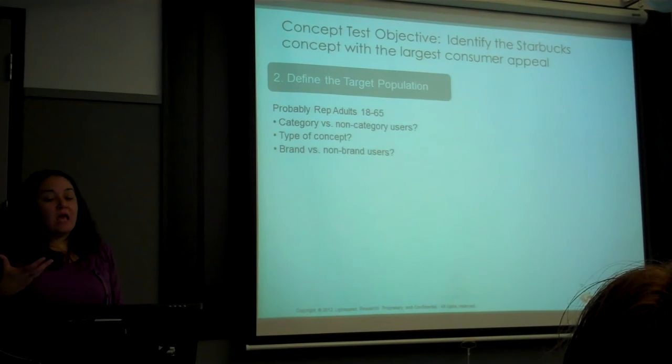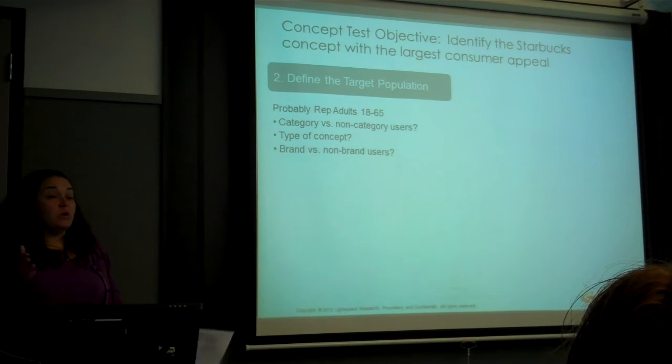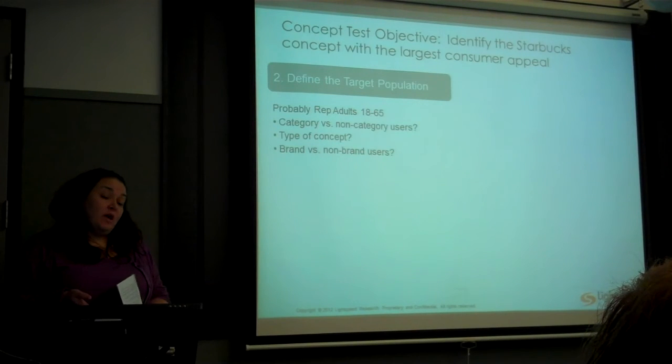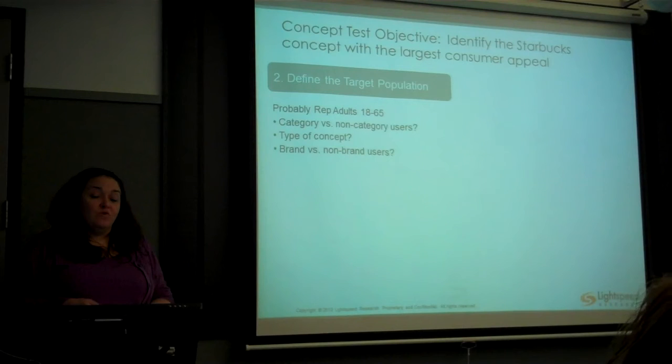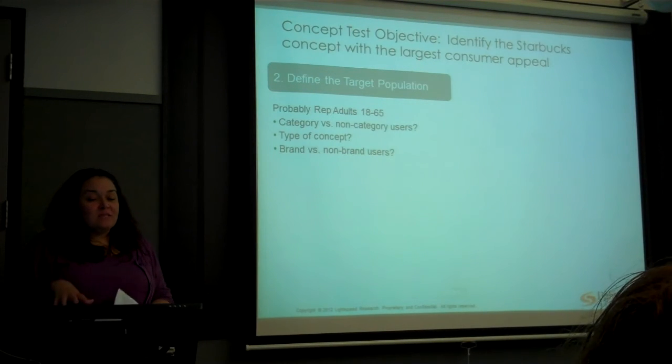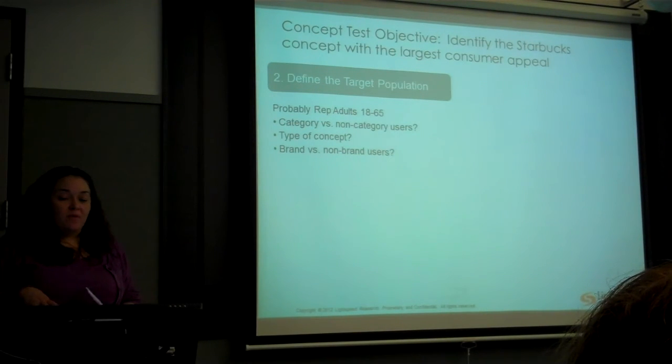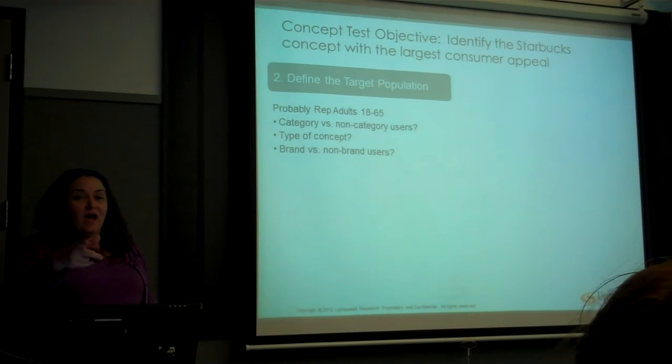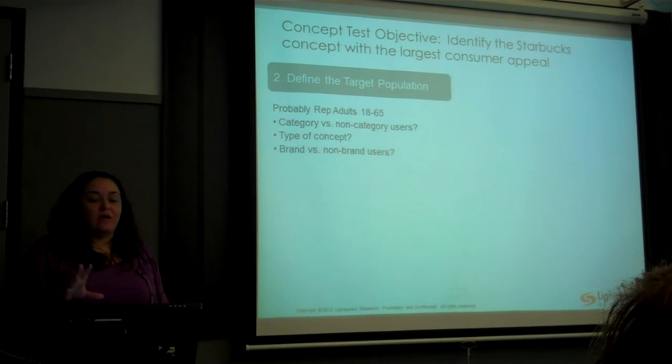And then if it's new to the company or new to the world, you want to make sure you're not defining your target too narrowly, or you could be missing somebody and actually decide not to move forward. So definitely a lot to think about as you define your target population for this. It's not as simple as, oh yeah, I know exactly what it is, and you spell it out.